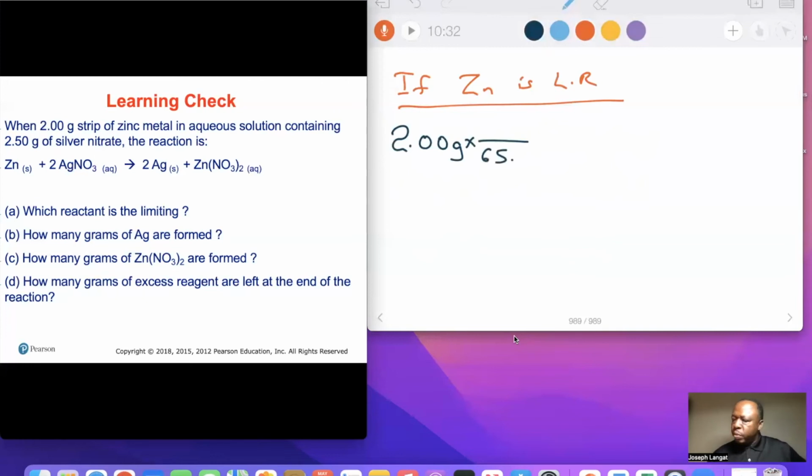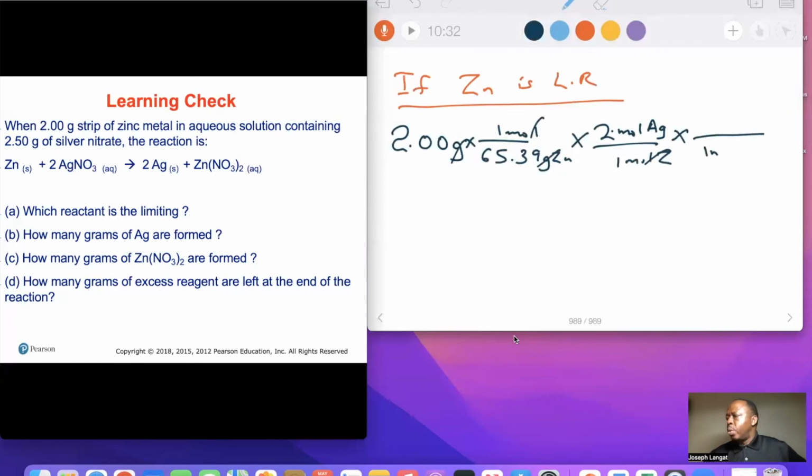This is the atomic mass of zinc, 65.39 grams of zinc per 1 mole of zinc, times 2 moles of silver per 1 mole of zinc, times the atomic mass of silver, 107.87 grams of Ag per mole.